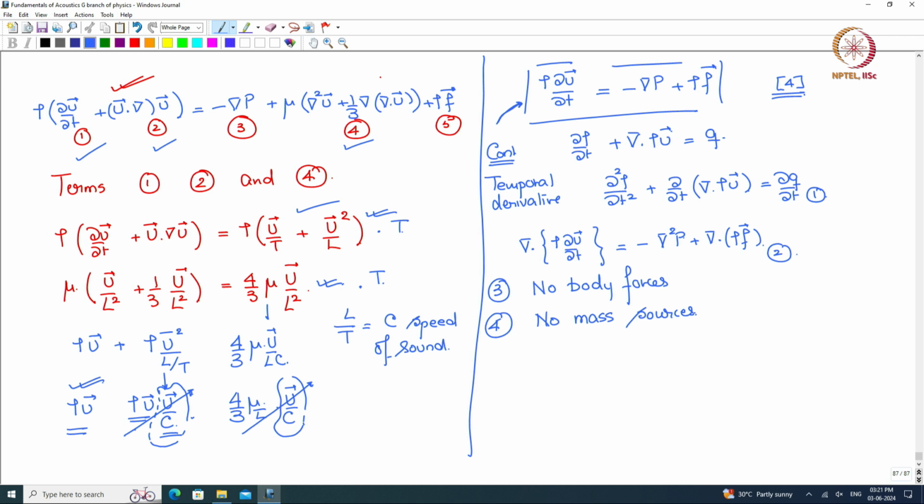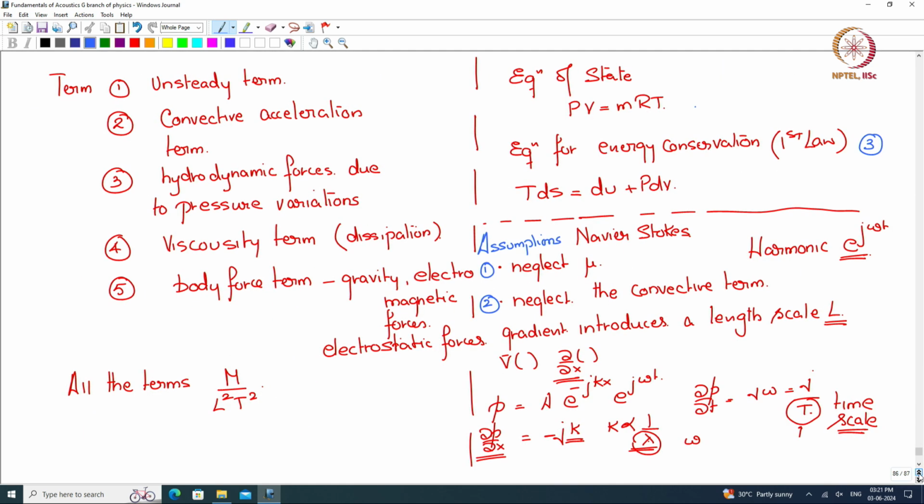Now the term 1 in equation 5, let us see here.